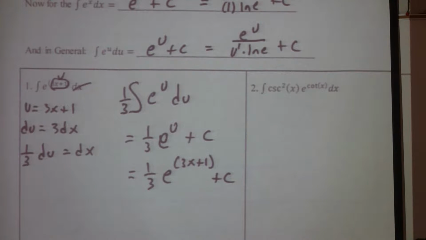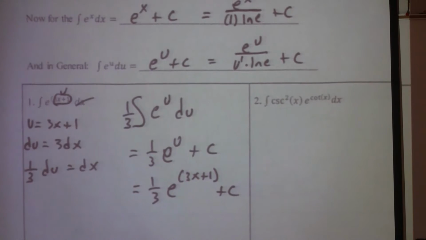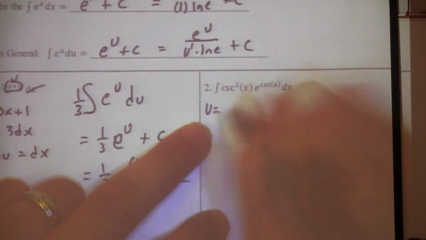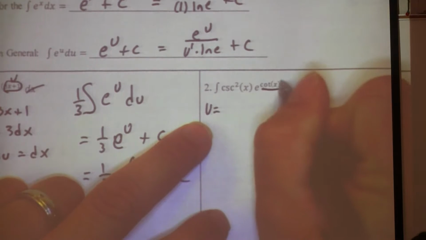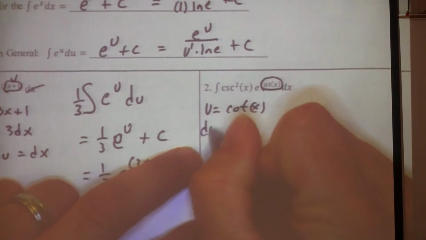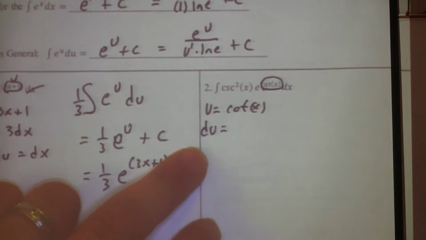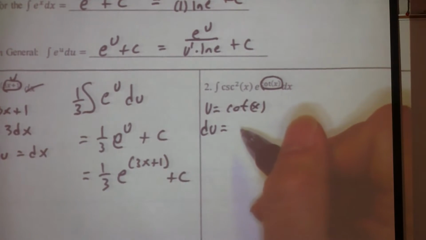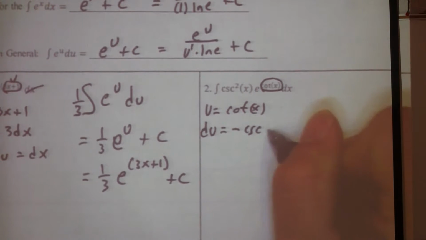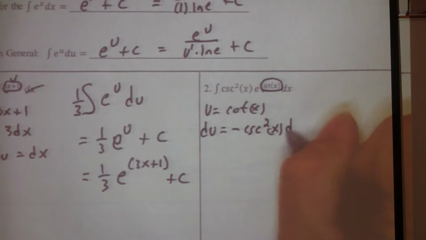For example, look at number 2. What would we pick the u to be? Cotangent of x, right? We want this guy to be a u. What's its derivative? Negative cosecant squared x dx.